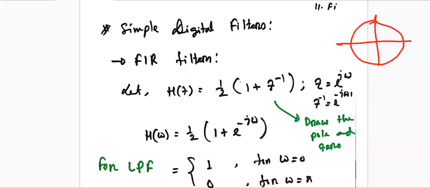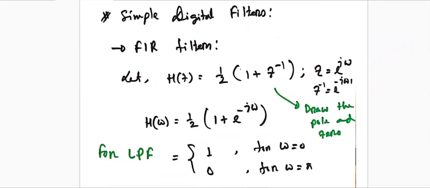Okay, let me show it with an example. So we'll design FIR filters. Let's start with H(z) equals 1 plus z to the power minus 1.